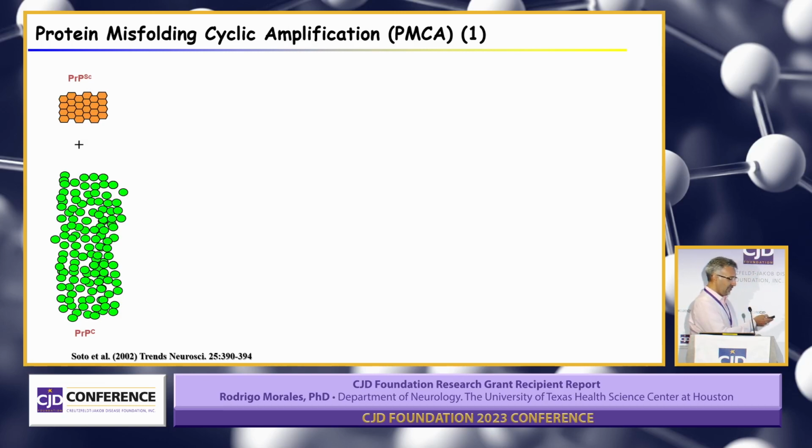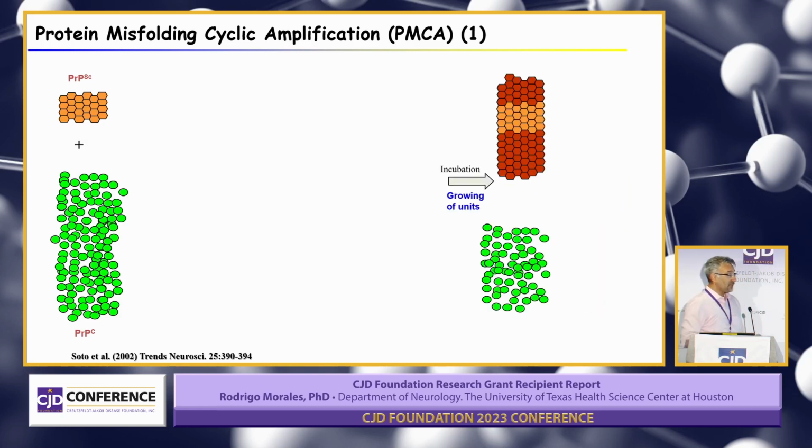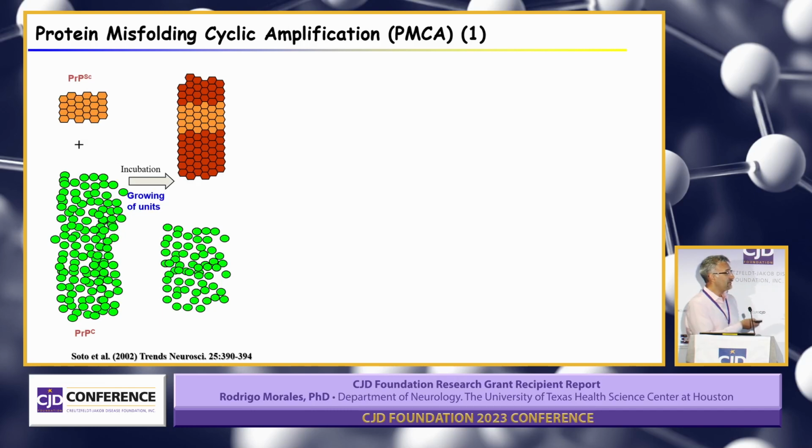PMCA is a technique that basically has in a test tube a sample that contains small quantities, or is expected to contain, some aggregates, or seeds as we call them in the field. These are combined with an excess of the normal prion protein. When we incubate that, these fibers, these seeds, recruit normally folded proteins into the growing aggregate, but these aggregates are only active at the ends.